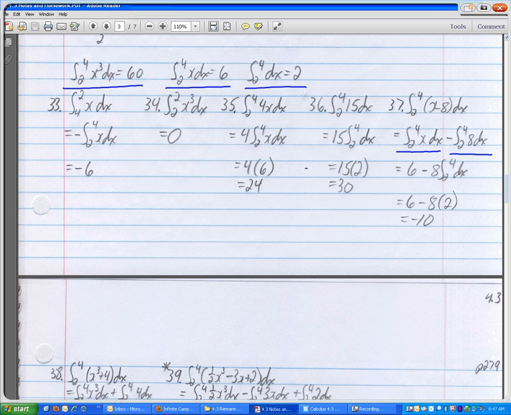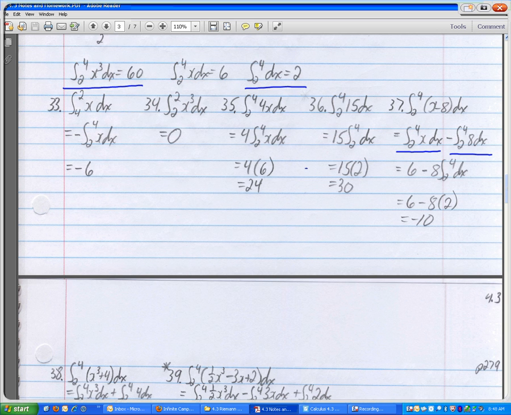All right, now, we're told what the integral from 2 to 4 of x dx is. It's 6, from right there. To get the integral from 2 to 4 of 8 dx, well, I kind of just showed you how to, didn't I? If you subtract the upper limit of integration minus the lower limit of integration, you get 2. 2 times 8 is going to be it. But when you worked this yesterday, I hadn't told you that yet.